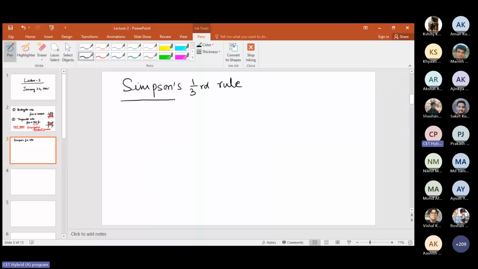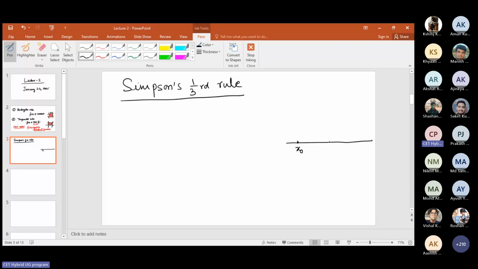So this is Simpson's 1/3 rule, the third method. In Simpson's 1/3 rule, suppose you have 3 points. I will tell you all the details. Have patience, but first understand what I am mentioning here.